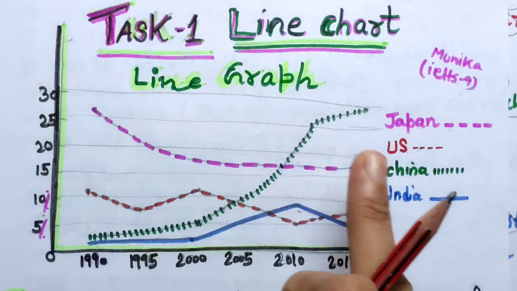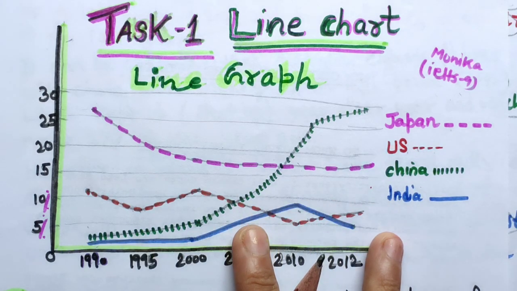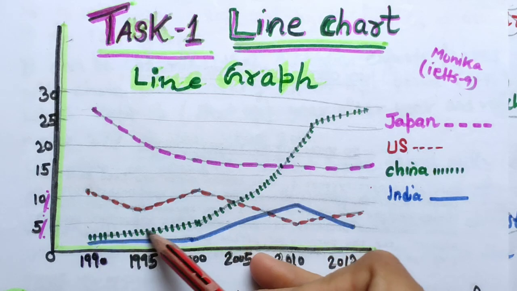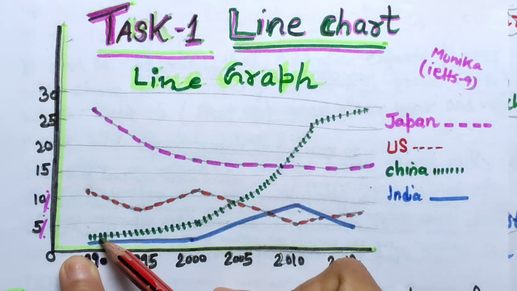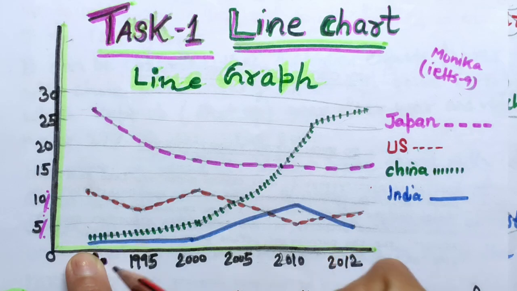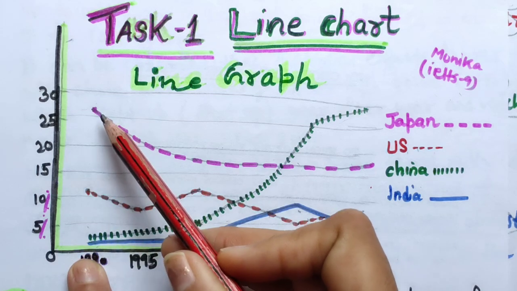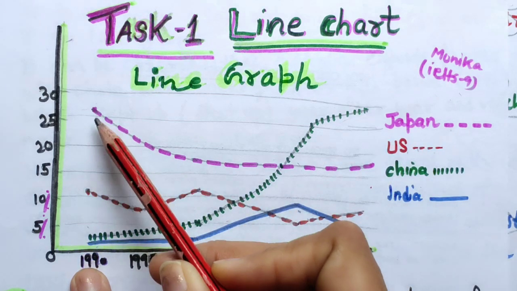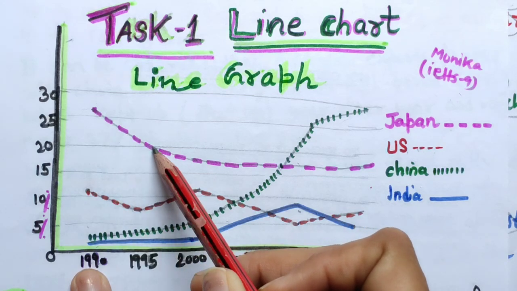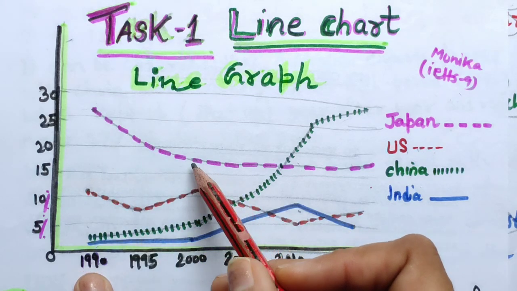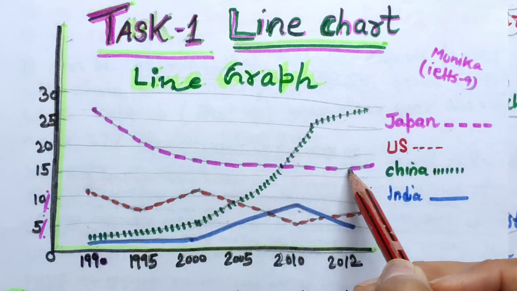Now look at the lines, which one is going down, which one is going up. Here I can see this green one, China, is going up and up, although it started with minimal, less than 5%. And Japan had started with the highest position, and gradually it is going down and down.